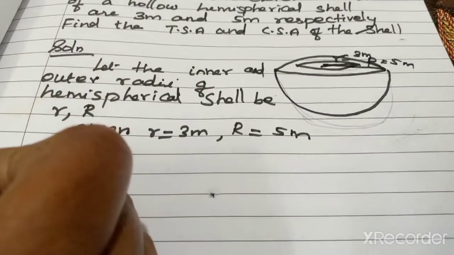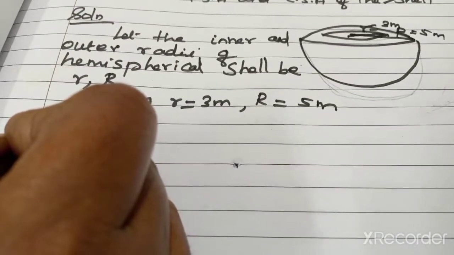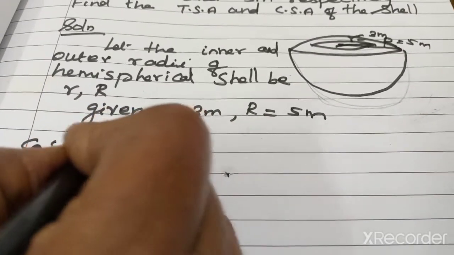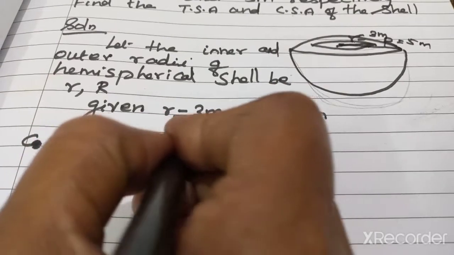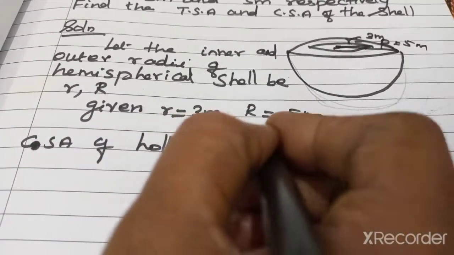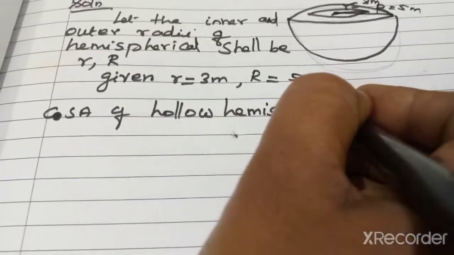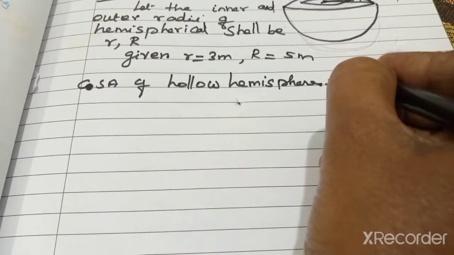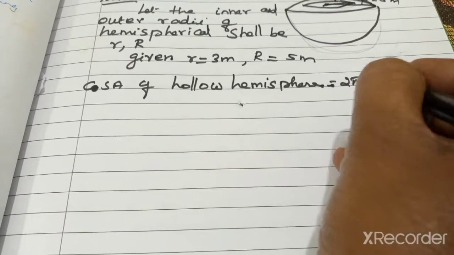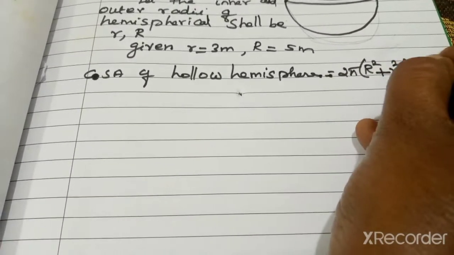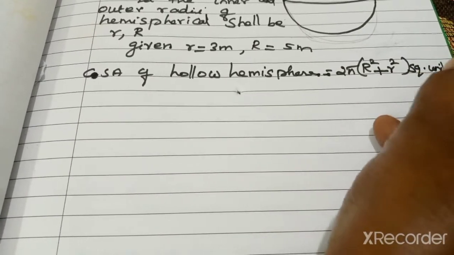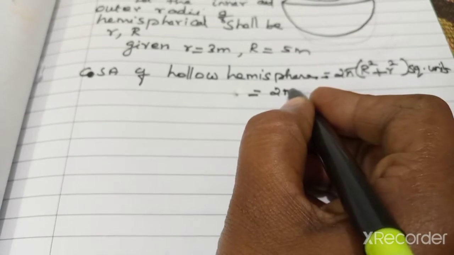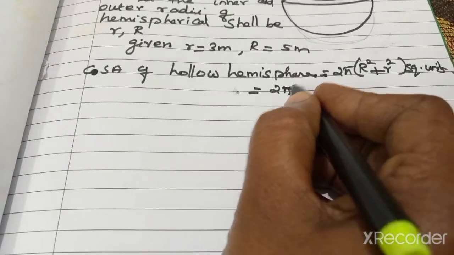Here two questions we have to find out, CSA and TSA. Let us find the CSA first of all. CSA of hollow hemisphere. Do you remember the formula? It is equal to 2 pi into capital R square plus small r square units, which is equal to 2 pi into, shall we use the pi value 22 by 7.